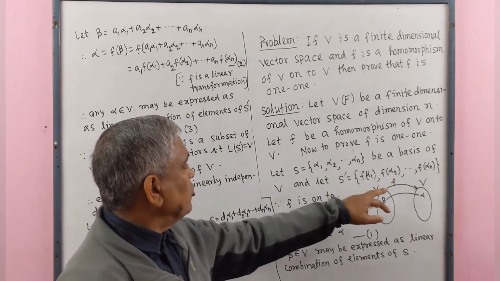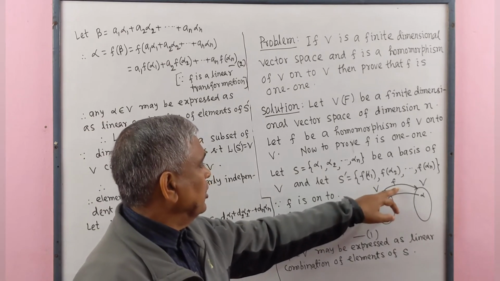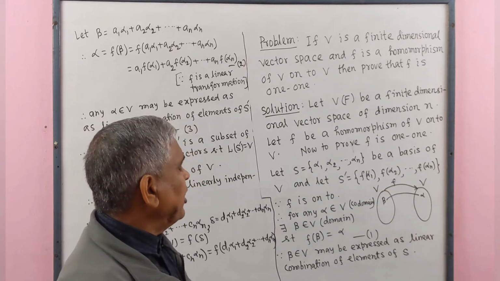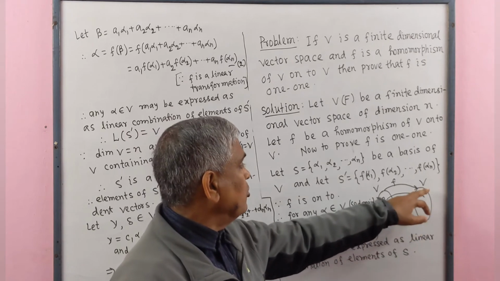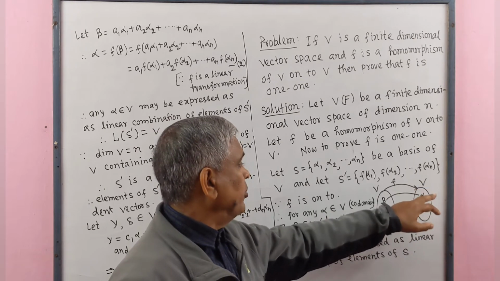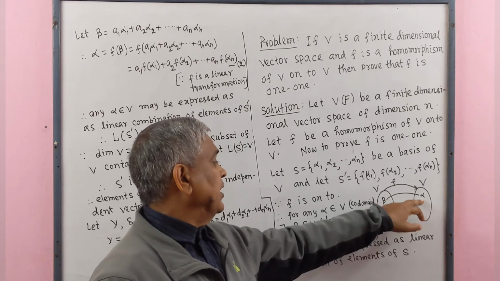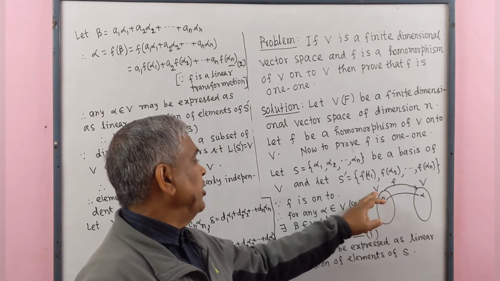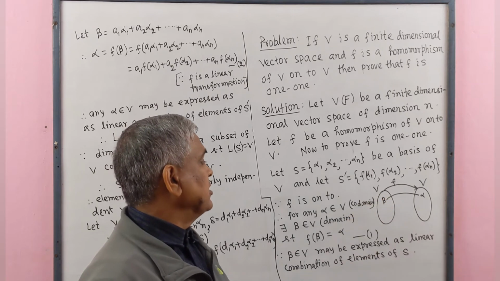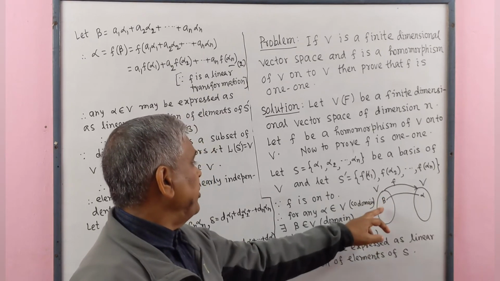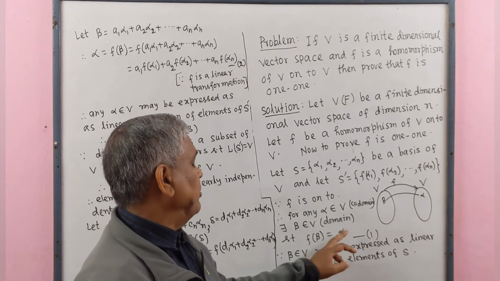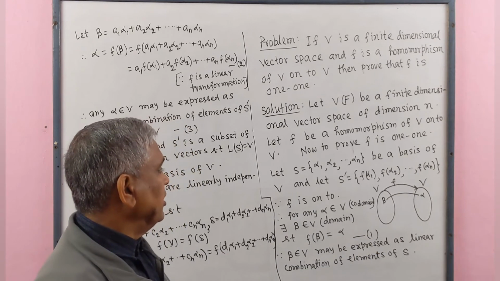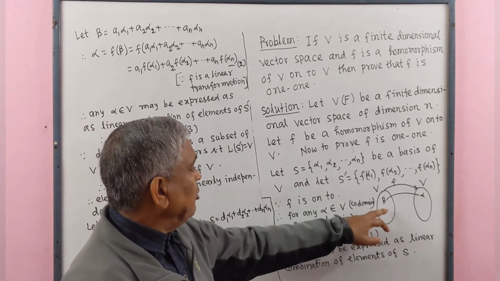Since f is onto, therefore for any alpha belongs to V, this V is the codomain, there exists an element beta in V, this V is the domain, such that f beta equal to alpha. This is number 1.